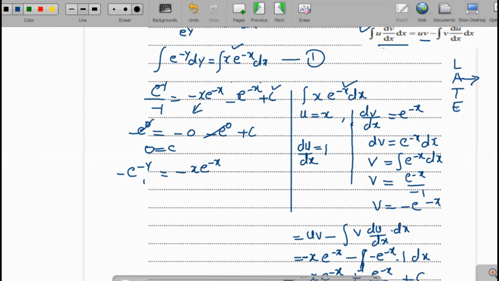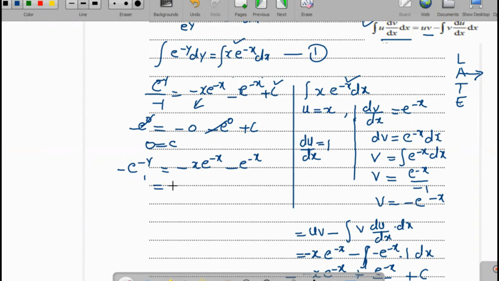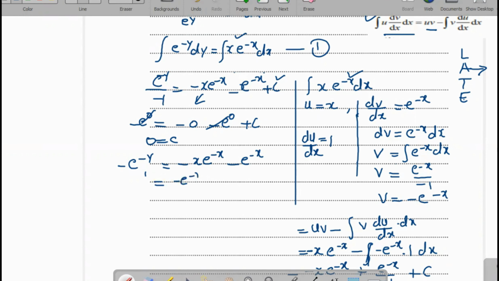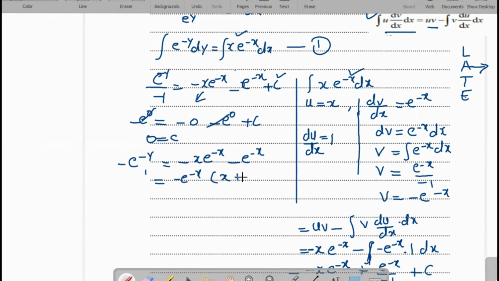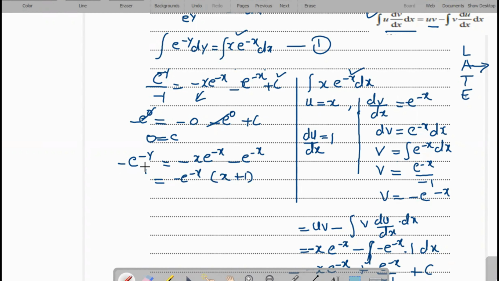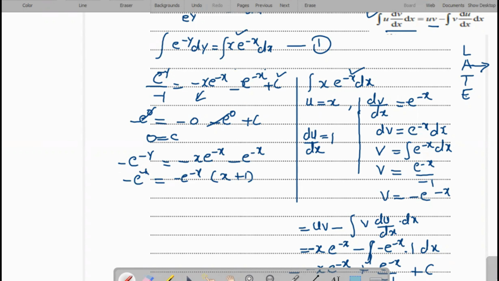Now we take common here, minus e power minus x, x plus 1, and it can be written as minus e power minus x.